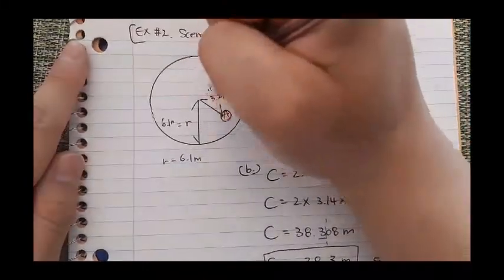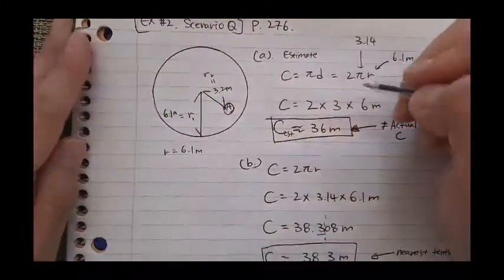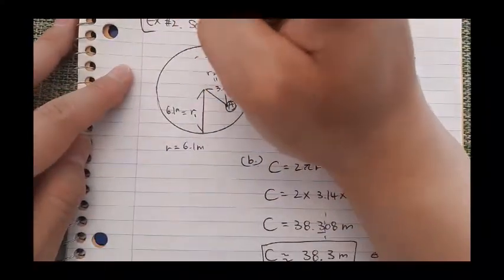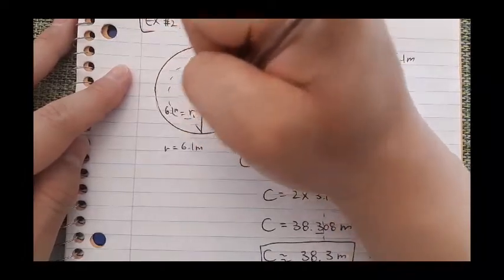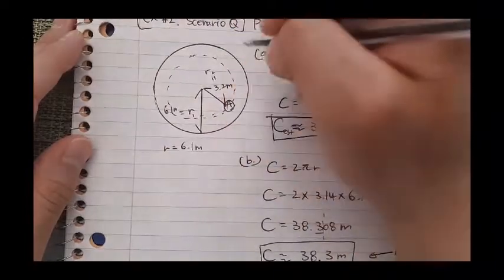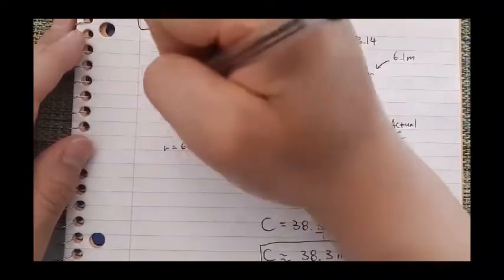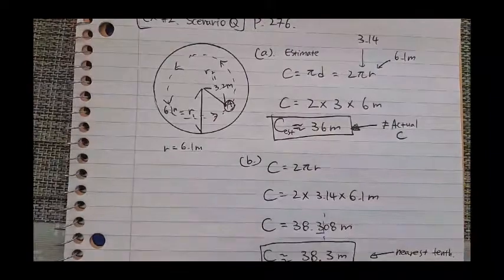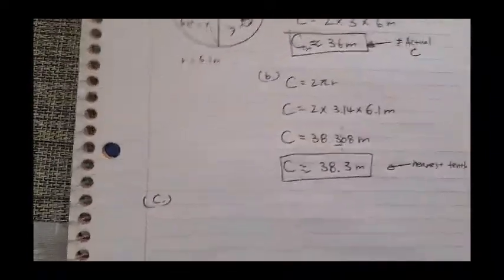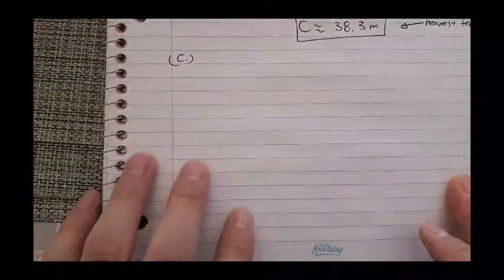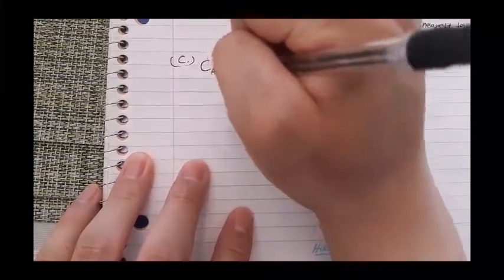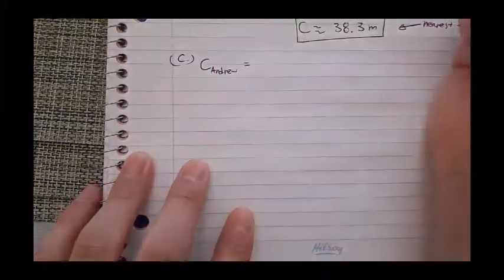As you may know, this is also a radius, but I'm going to call it R2 specifically for this situation. And the question is asking, how much distance does Andrew go around? As you may notice, it's a very ugly circle, but I made it assuming that it is going counterclockwise. Even if it goes clockwise, it shouldn't really matter. So the question is now asking for the circumference that Andrew goes through. The formula doesn't change.